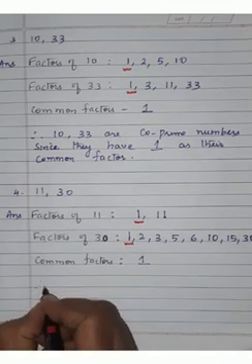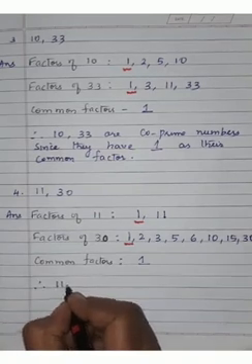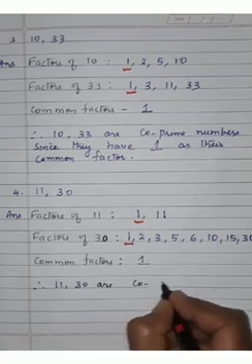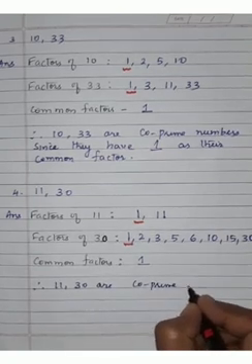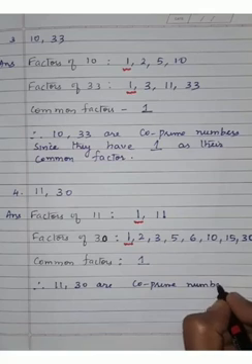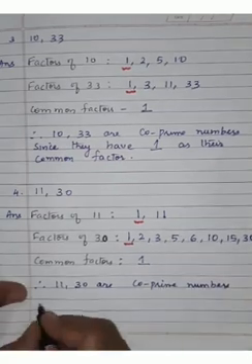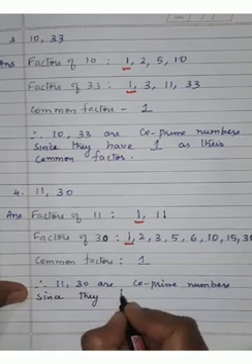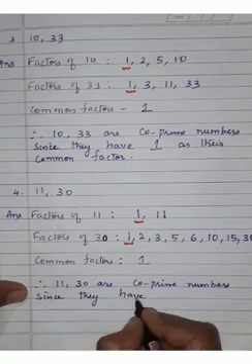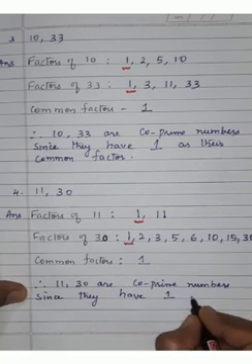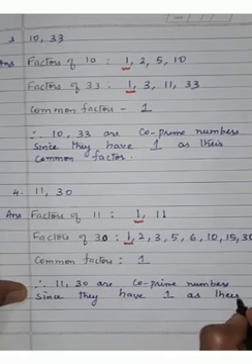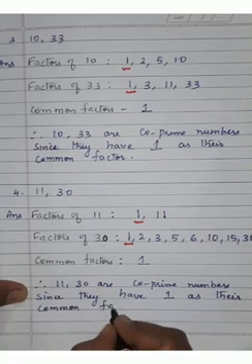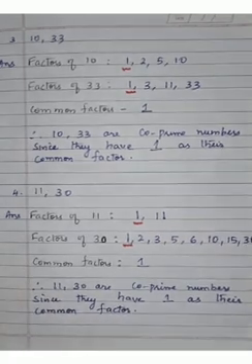So we will write: therefore 11, 30 are co-prime numbers since they have 1 as their common factor. Okay.